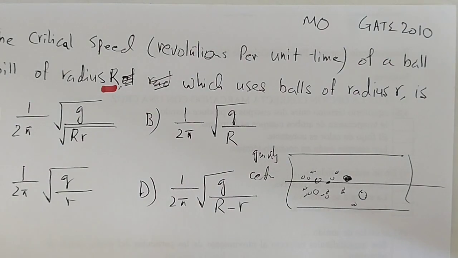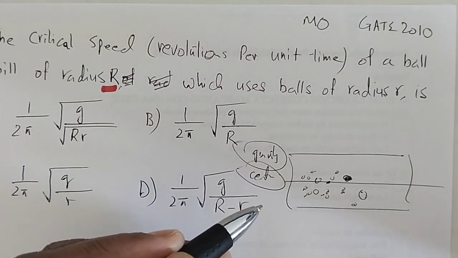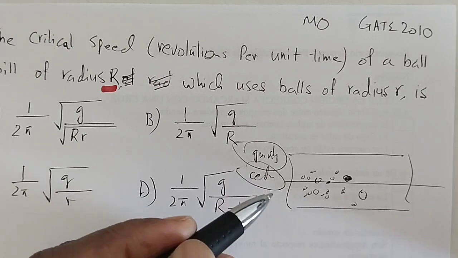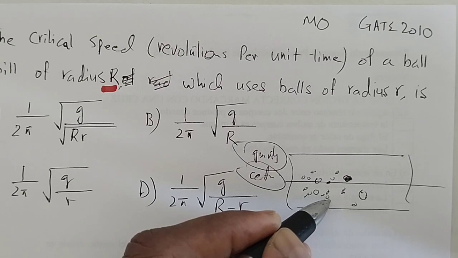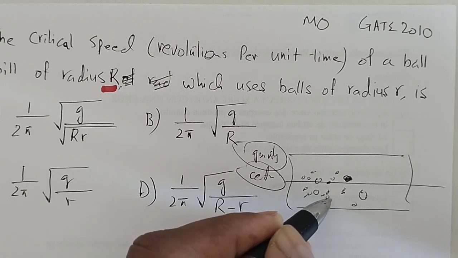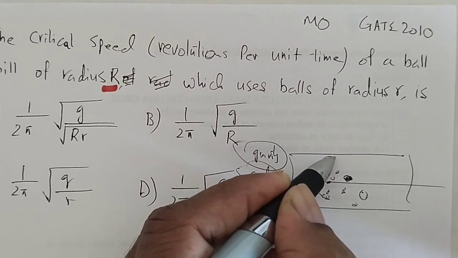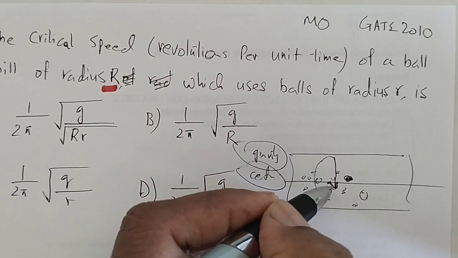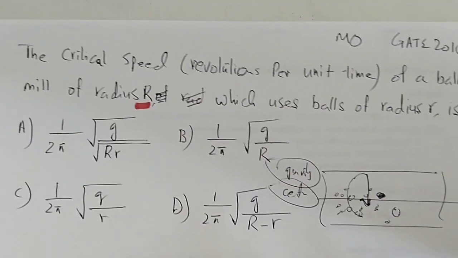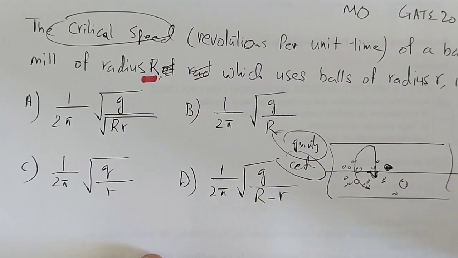To have a better impact, the balance between gravity and the centrifugal force is very important. So during rotation, the speed should be maintained in such a way that the ball will go up and it will fall down, and there will be more impact. And that impact will be very good at the critical speed.